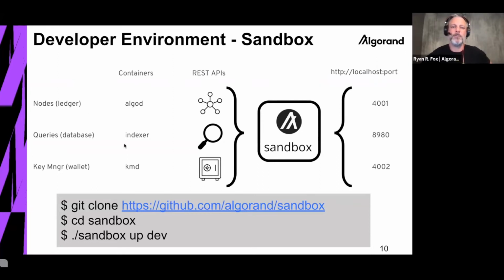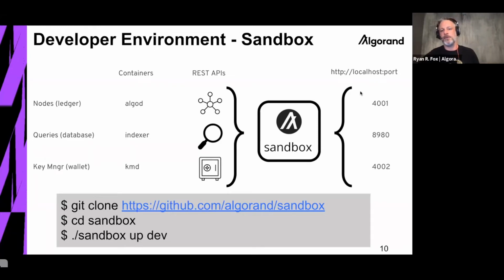Each of those components provide REST APIs here so that you can send your transactions and pull some data from it, certainly pull and query data from that index database, and then have a way to send your unsigned transactions to your wallet to then be inspected and ultimately signed so they can then be broadcast back to the AlgoD node.